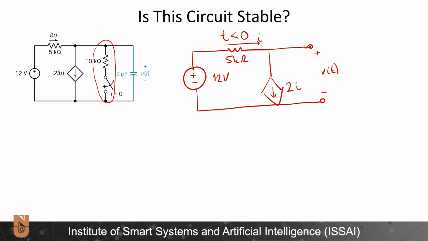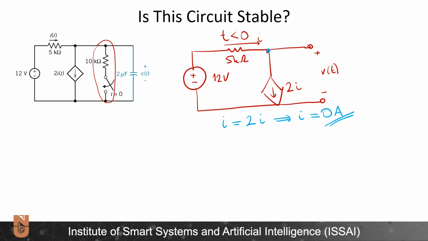So how can I solve this question? In this circuit, if I write Kirchhoff's current law for this node, I will see that I is equal to 2I, and from here I will be equal to 0 amperes.